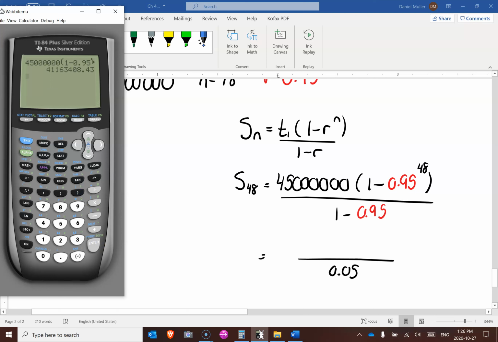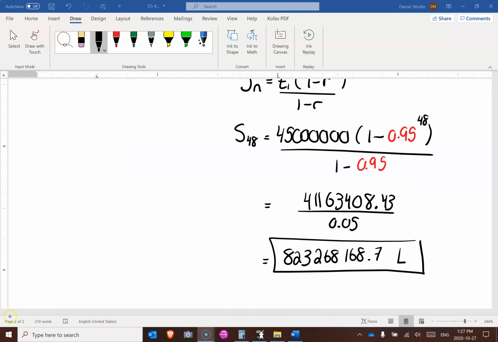Okay, 411,634.08. Okay, I recorded that there. Yep. And now I can divide that. So this is answer divided by 0.05. Didn't break it, but we're at 823 million. I'll write that down. Okay, so there you go.